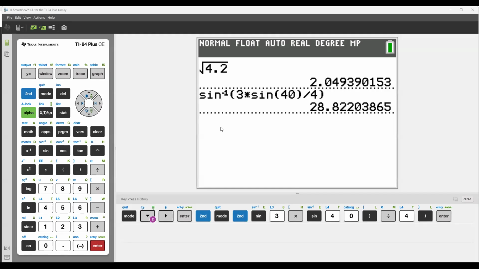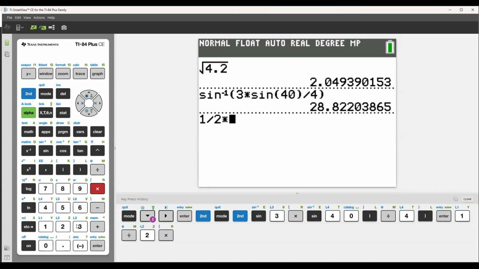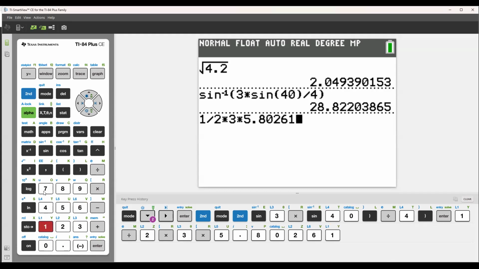So 1/2 multiplied by 3 multiplied by 5.802617 and multiplied by sine of 40 degrees.